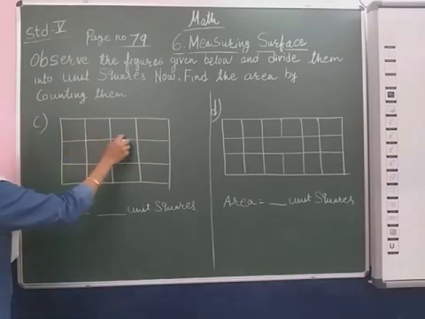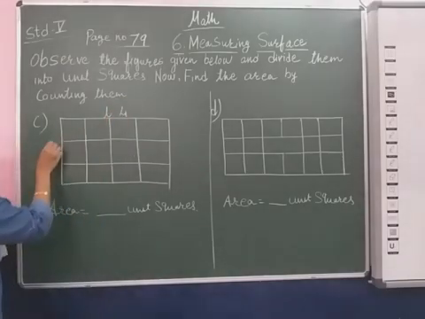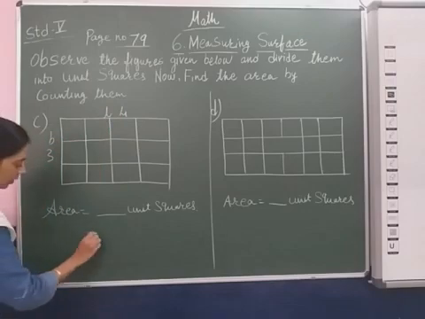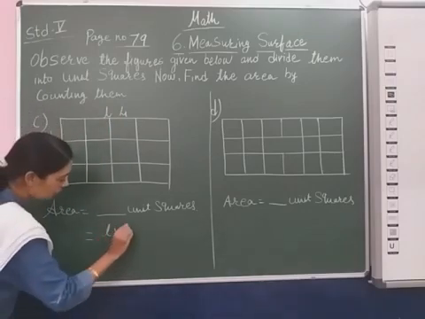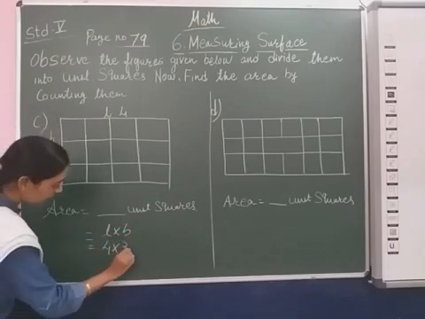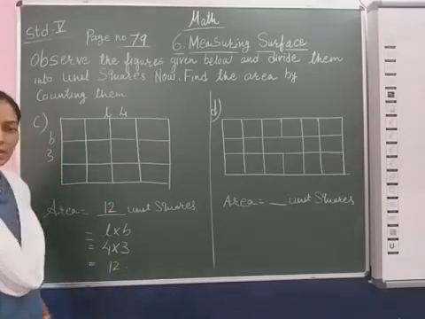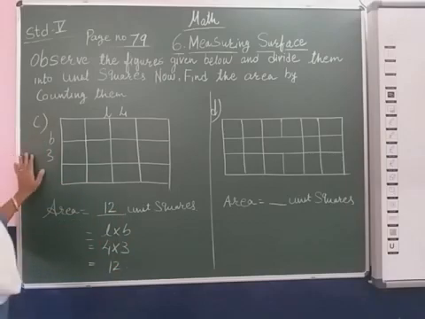The length is 4 unit squares. Here the breadth is 3 unit squares. Okay. Now it is easy to find the area. L into B is equal to 4 into 3, 12 unit squares. Okay. So this is the answer of C.